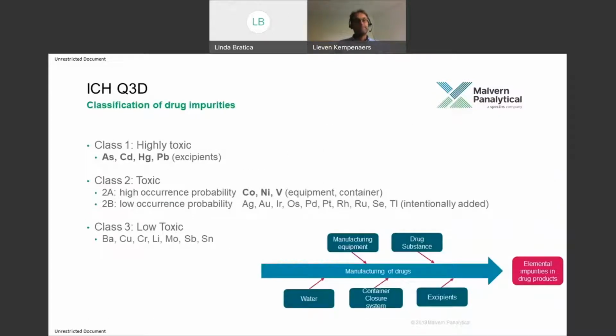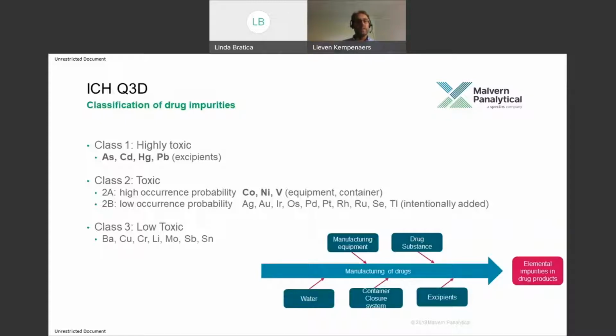Then, from the class 1, we have the 4 toxic elements, which can be present in the excipients. Class 1 is the highly toxic, and then class 2 is still toxic. Class 2A are the elements cobalt, nickel, and vanadium.